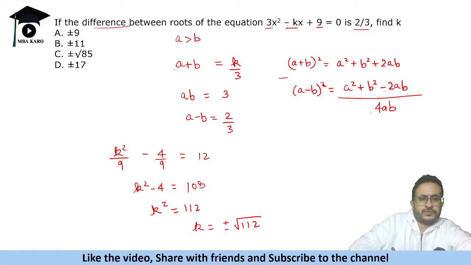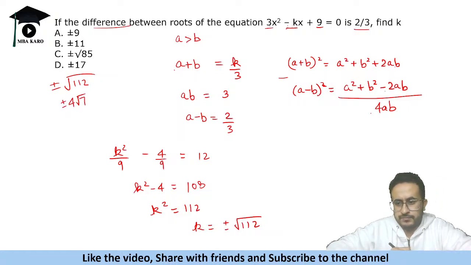Okay, so the answer is not in the options. This is plus minus root 112, or you can also write 4 root 7. It may be that the options were wrong. So you will get root 112 in this. Remember this concept: whenever you are given the difference between the roots, apply this to get the result.